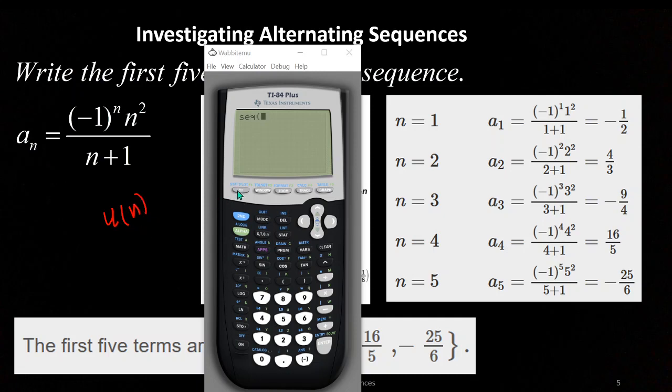Remember, when we have functions, y1 is actually the same as the function you put there. For sequences, it's called u of n, and this u is not the letter u here, it is this one right here, see? So what we have to put there is second, number 7, that's u, and then put u of n.